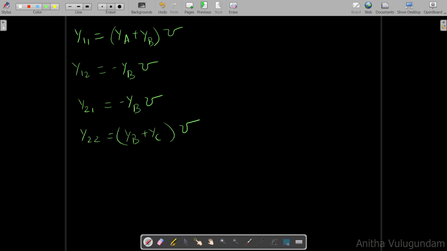So the Y parameters for this network are these four parameters, and you can write the main equations as I1 equal to Y11 V1 plus Y12 V2, substituting the value you got.